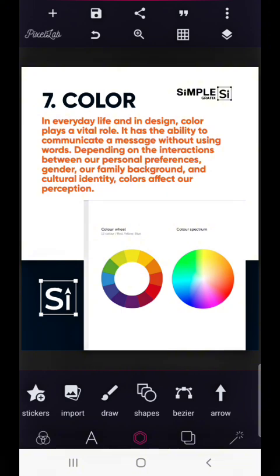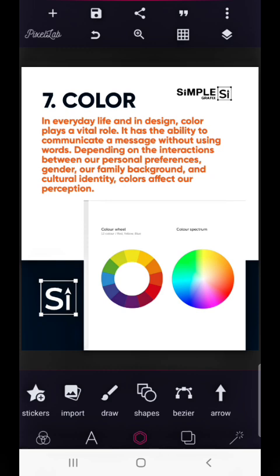You can use color. Art and digital design are kind of related because they use paint, they use colors to do whatever they want to do. So it plays a vital role in design, depending on the interaction between our personal preference, our gender. Like what I said, for women, some people like pink, some like green, some like blue. Most guys like blue.